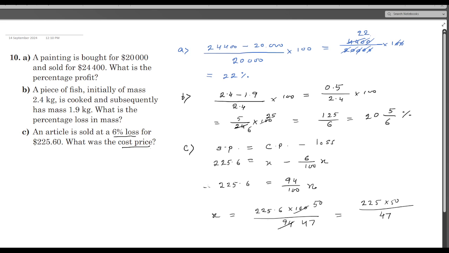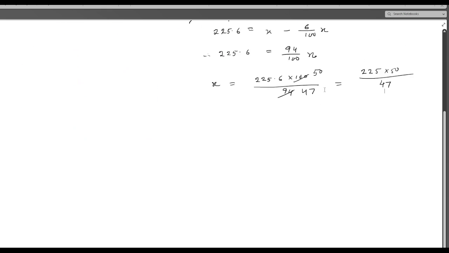So let us multiply 225 by 50. So it gives you 11250 divided by 47.